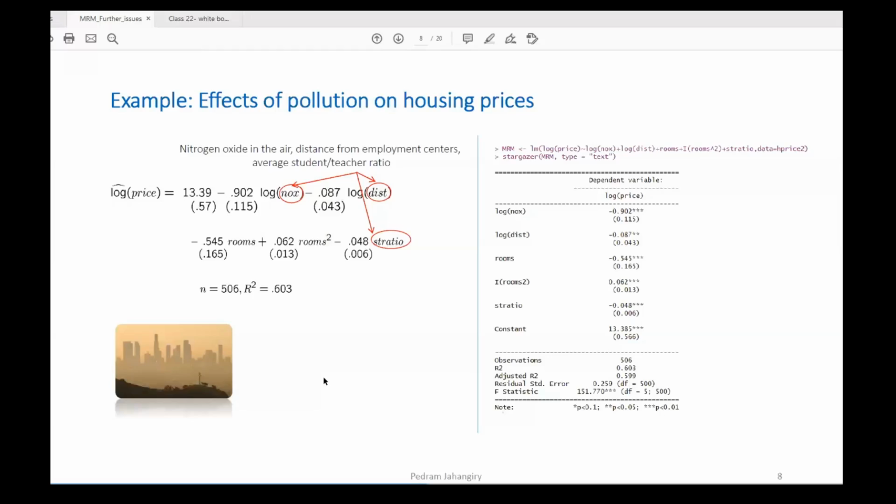What I'm interested in is to look at room, right? So we're going to say that let's have room and room square in the model, because you believe that the marginal effect of room on the price is not going to be constant. You believe that it's either increasing or decreasing. Actually, you think that it's going to be increasing, right? Because, again, you are a researcher. If you believe that's the case, you are going to set the question like this. You want to say that I need to have a quadratic version of rooms in the model.